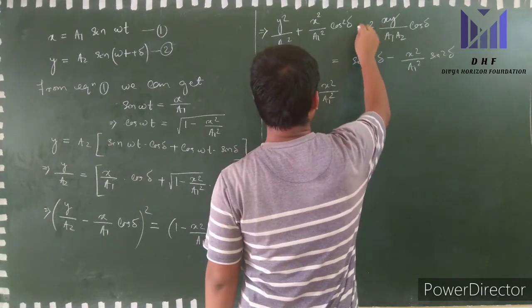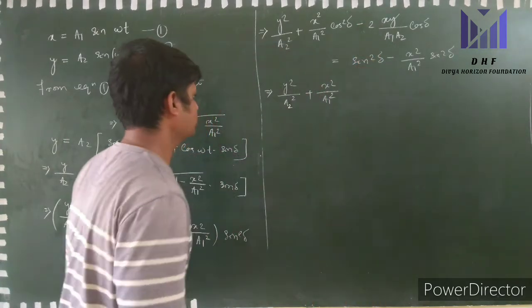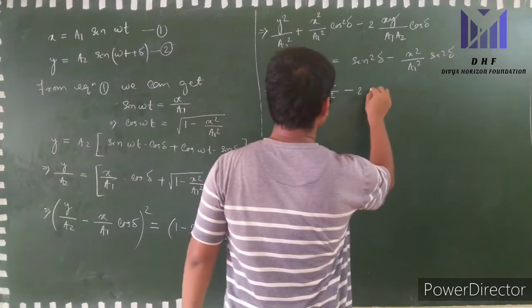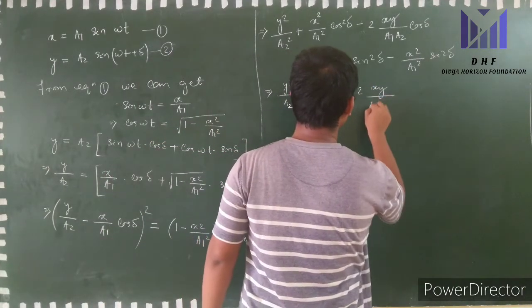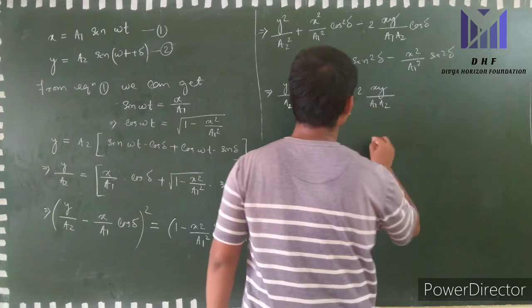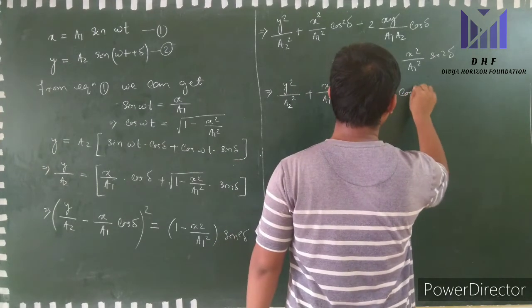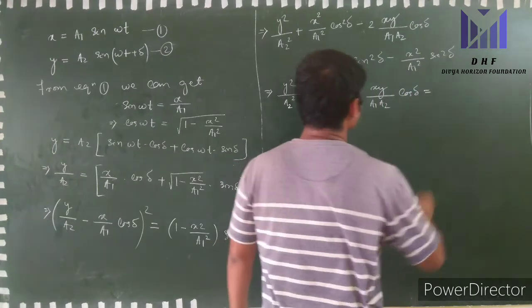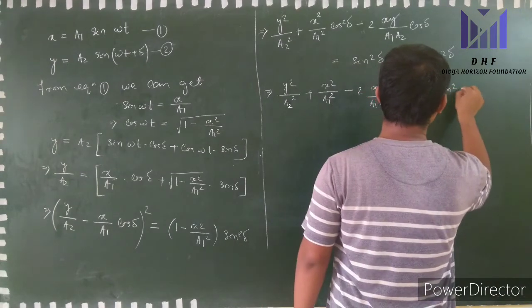Here this is minus, because this is a minus b whole square, minus 2xy by a1 a2 cos delta, that is equal to sin square delta.